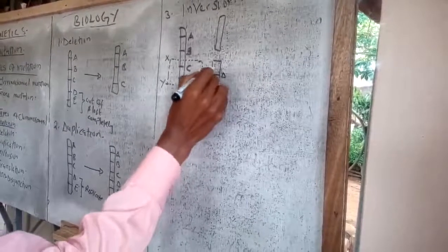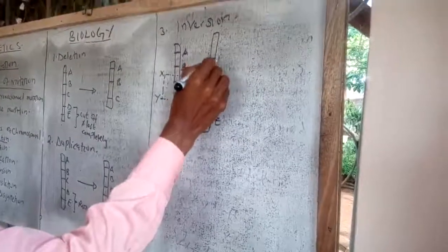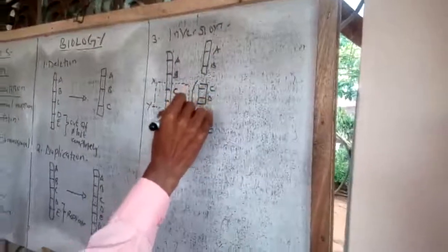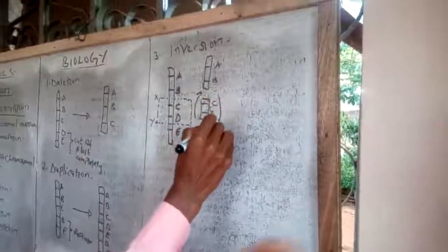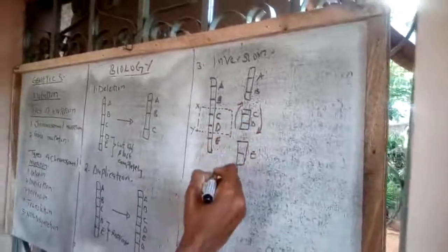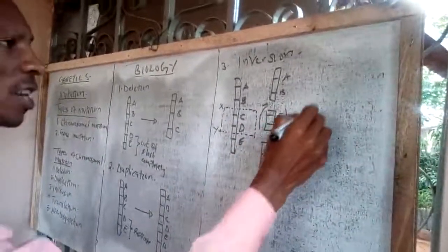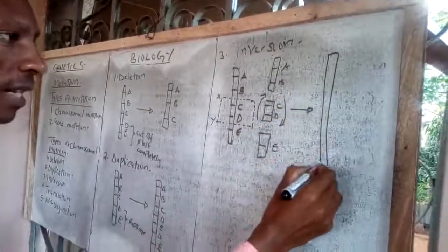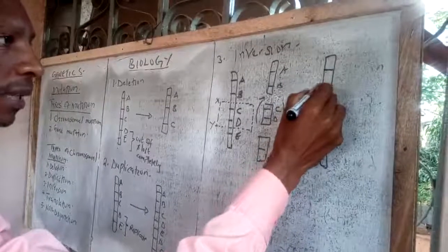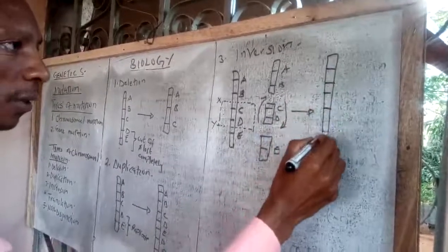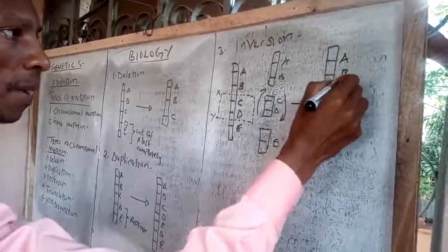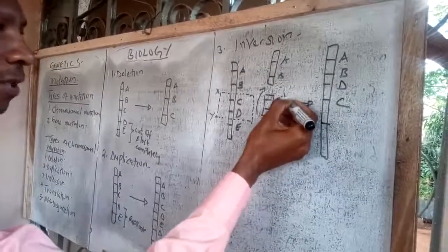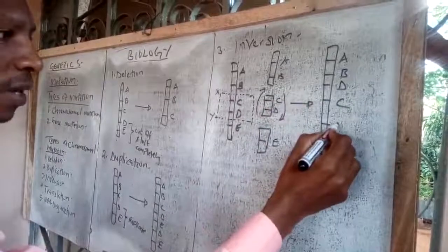We have a D, we have a C, and here we have a B, and also we have an A. And therefore, this middle piece normally rotates through an angle of 180 degrees, and therefore on rejoining, the final chromatid will be like this. We'll be having A, B, D, C. You can see that D is the first one, followed by C, and finally we have an A.